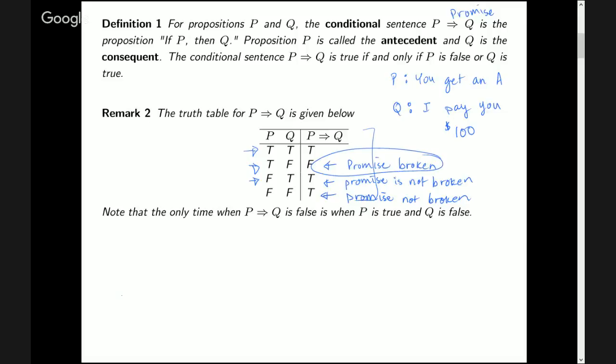So when is this true? This is true whenever you have true, true is true; false, false, or true. So it's always true if the first statement is false. And the only other time is when both P and Q are true.